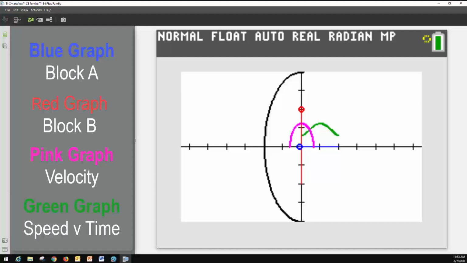So you can see it's drawn the graph of the speed, not particularly useful, except if I want to calculate the speed, let's say at t equals 0.